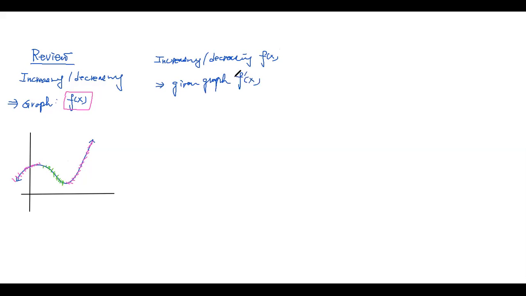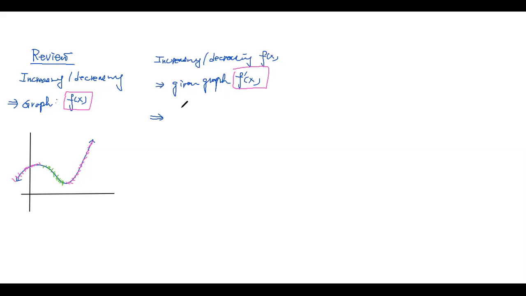Instead of giving me the graph of f of x, it gives me the graph of f prime x. Then how do I do it? Since we want to review, f prime x is the first derivative, and the first derivative is the slope of the tangent lines.